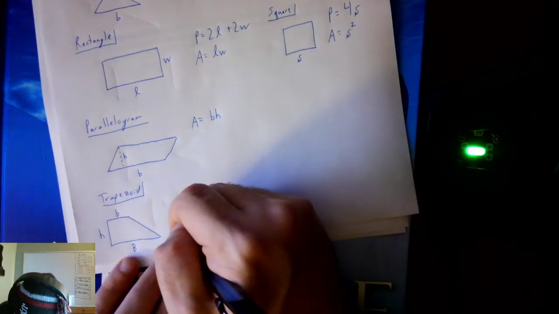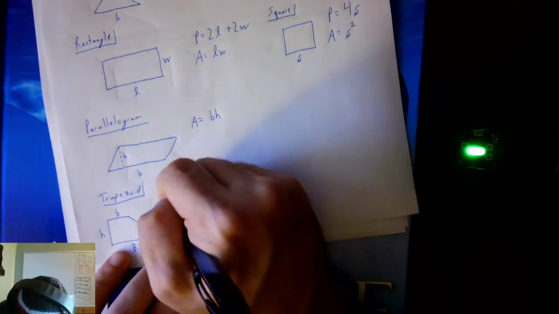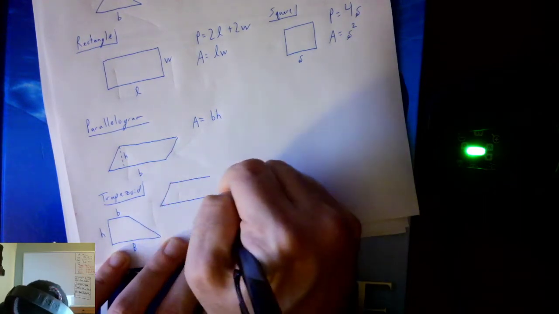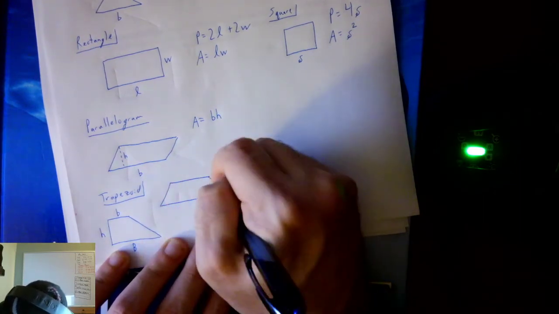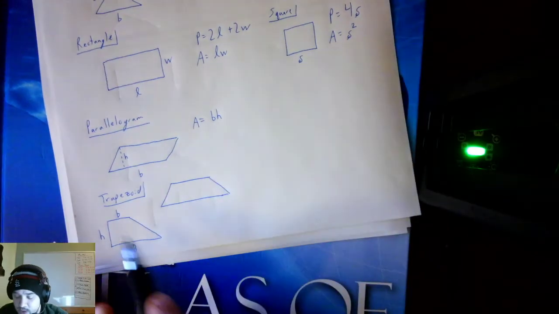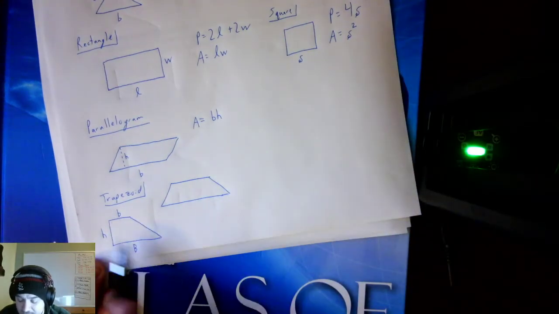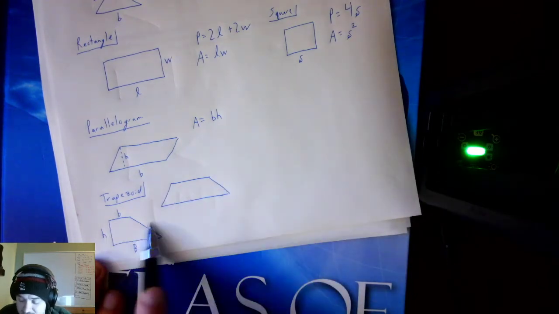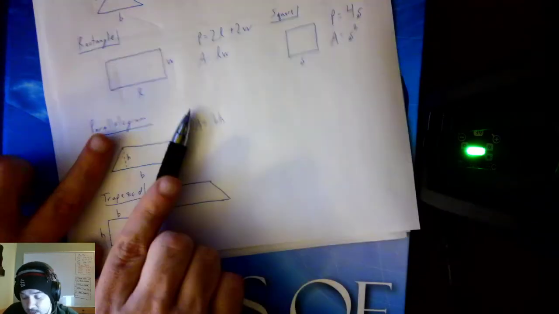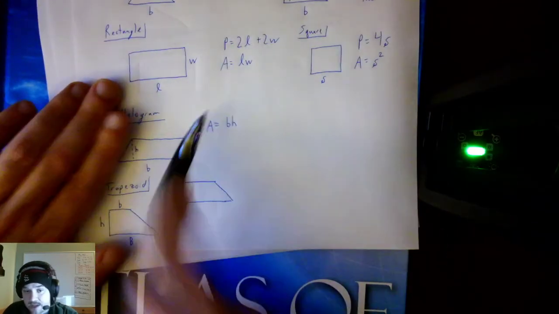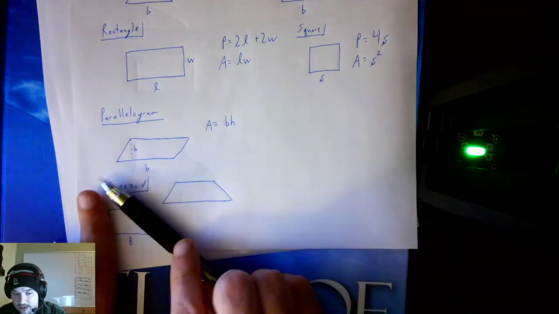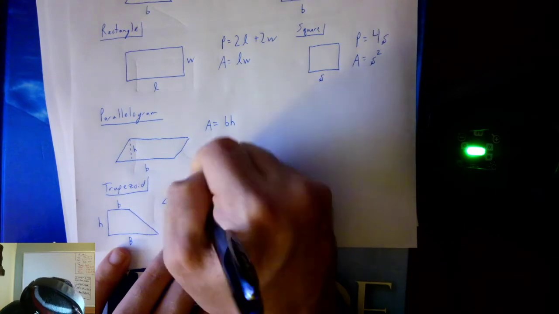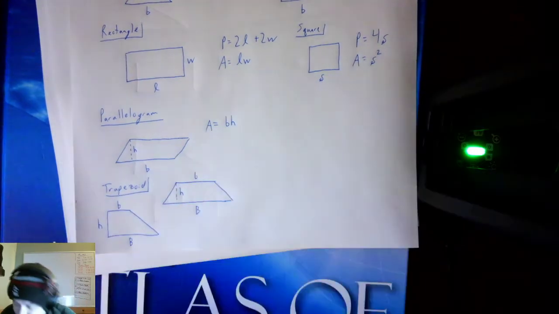Now, trapezoids can also be drawn like this as well, right? Notice they have 2 sides that are parallel and then 2 sides that mismatch, right? They're going opposite way. They're not going the same way like in a parallelogram, right? The opposite sides are parallel in a parallelogram, right? But here they might be mismatch, right? And same thing, there's going to be a height, a little base, and a big base.